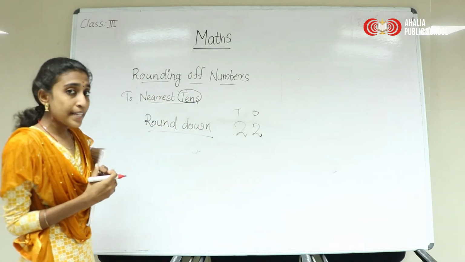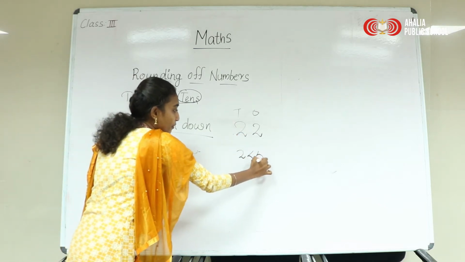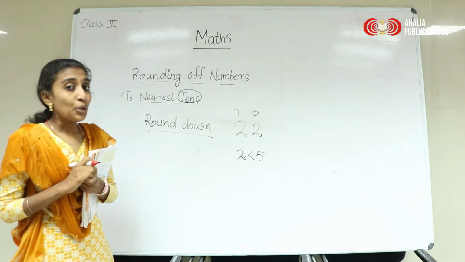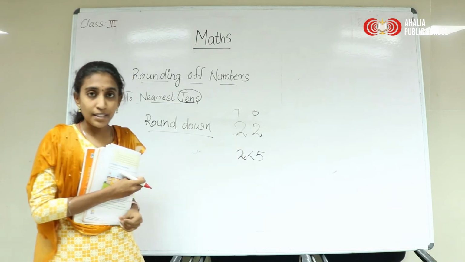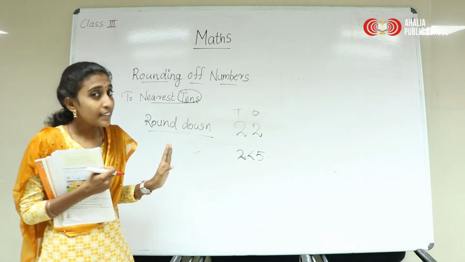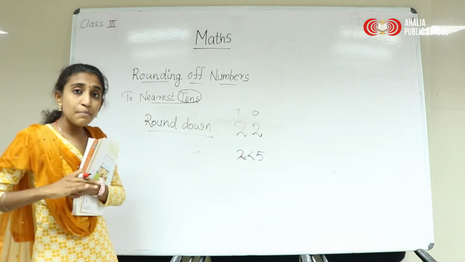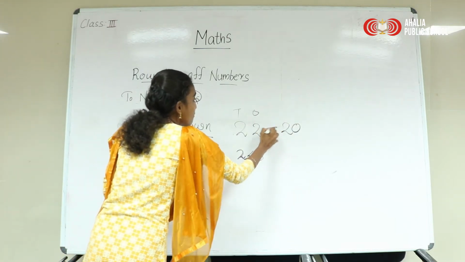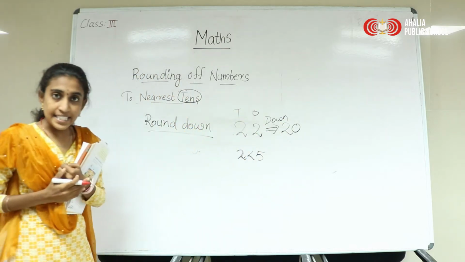What is in the ones place? 2. 2 is less than 5. So we neglect it: we don't need the 2. Just subtract the 2 from the given number. What is remaining? Yes, 20. So we have rounded down this number to 20.